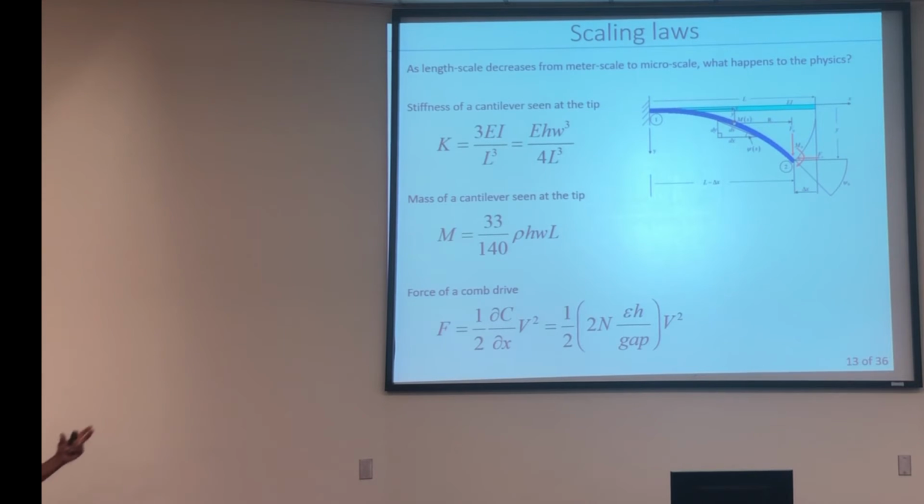So, for example, if you have this thing that was at a meter scale, and then you reduced it in size to microscale, which is 1,000,000 times smaller, you can see what happens here. So if you have this layer thickness, and let's say it's 2 microns, or let's say it's 2 meters, sorry.